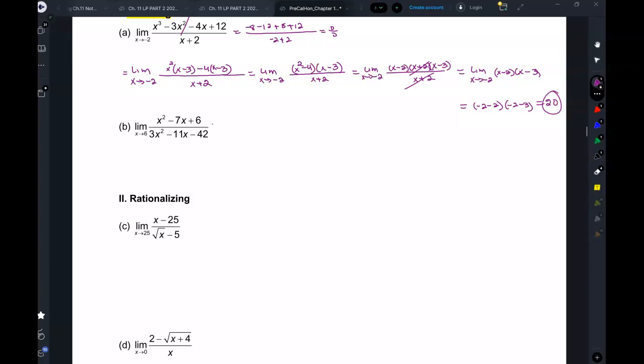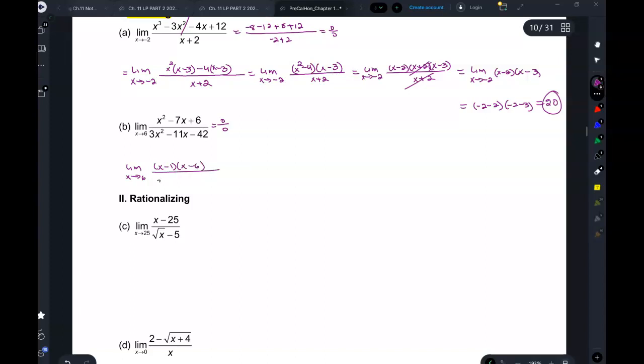So this one, we want to find the limit as x approaches 6, and it is 0 over 0 again. So let's go ahead and simplify. How does the top factor? Right.